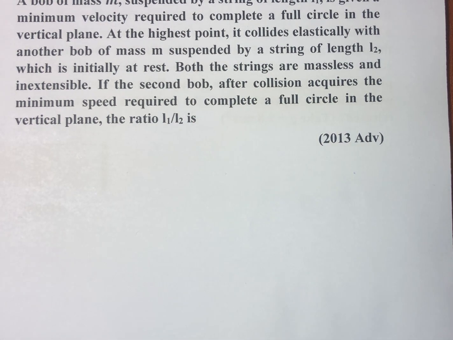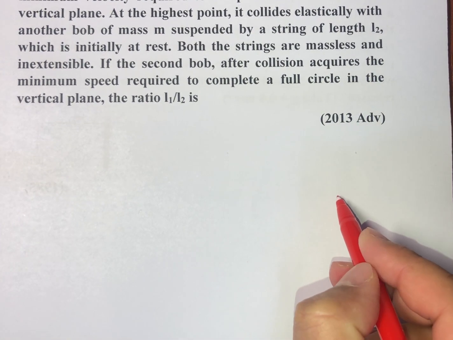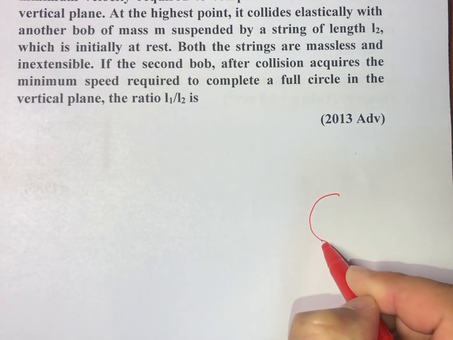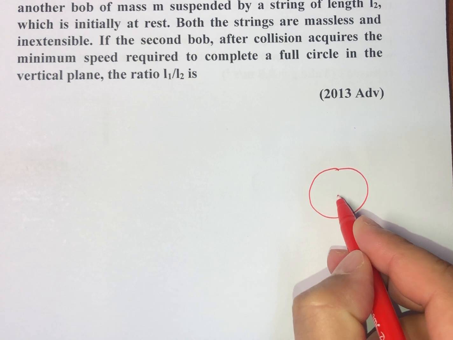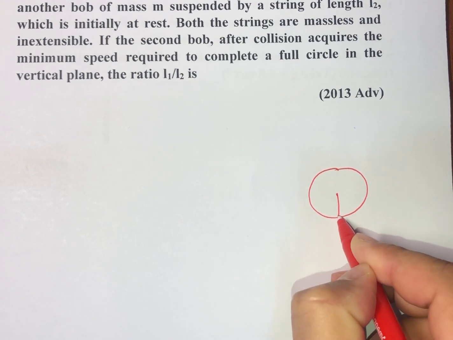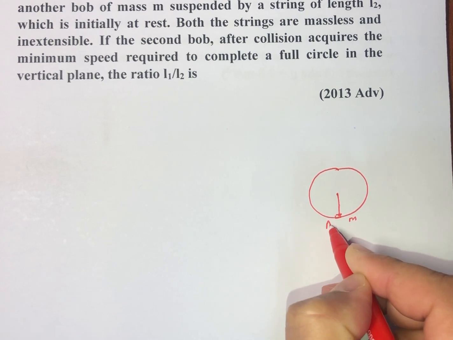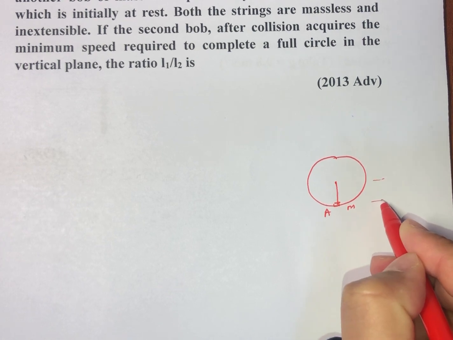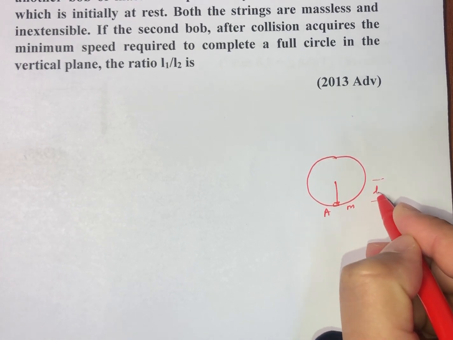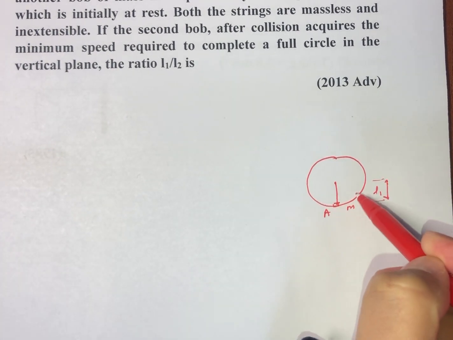So we have two bobs, both having the same mass m. Let us suppose this is a bob of mass m, its position is A and the length of the string is given as L1, and it is going to rotate.